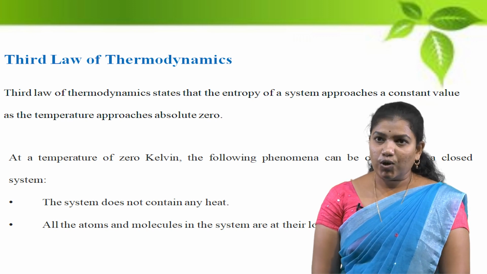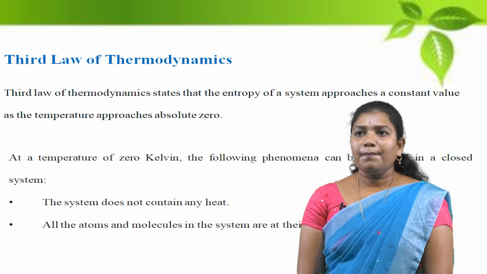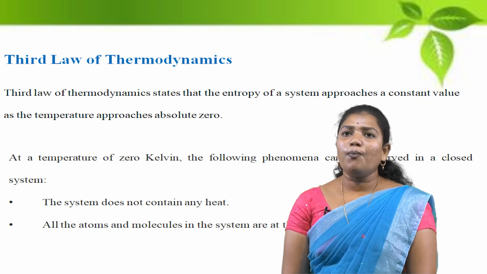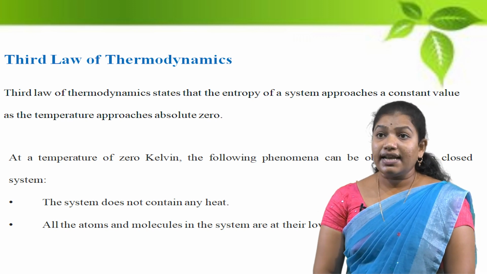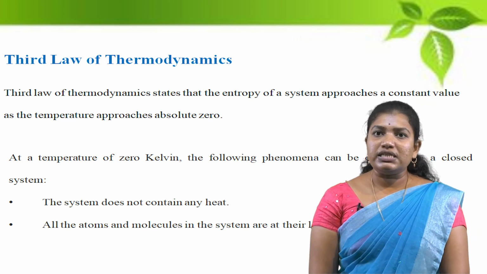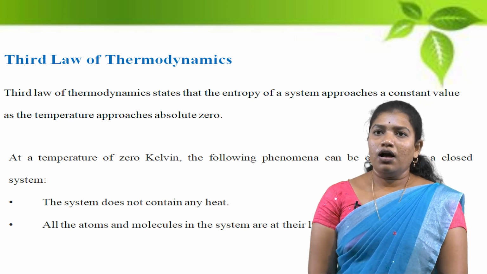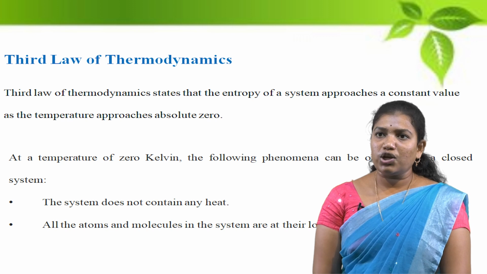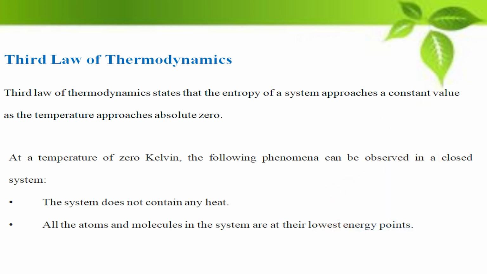A microstate is a fixed microscopic state that can be occupied by, and is accessible to, the system. That is, the greater the number of microstates the closed system can occupy, the greater the entropy. The microstate in which the energy of the system is minimum is called the ground state of the system. At a temperature of 0 Kelvin, the following can be observed in a closed system.